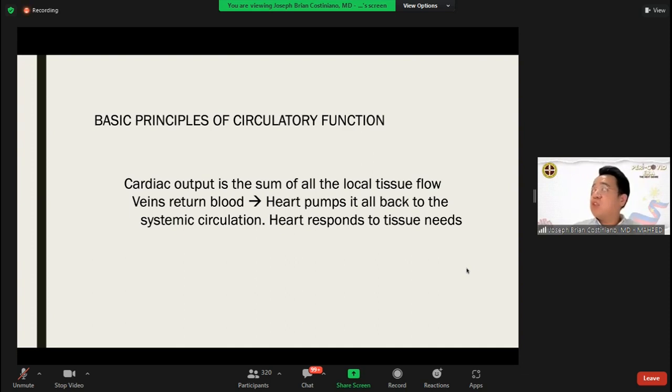So, if the tissue needs increase kasi nag-hemorrhage ang pasyente, so, decrease na yung perfusion niya. Of course, your heart will react. It will increase the chronotropic and inotropic activity of the heart. Therefore, the patient will have tachycardia if the patient has hemorrhage.